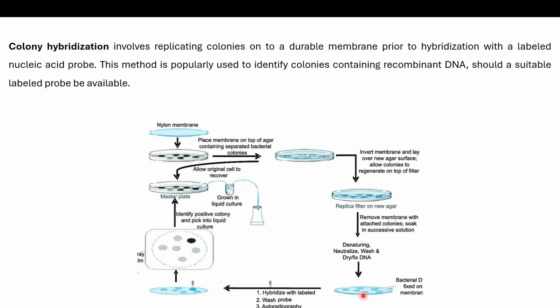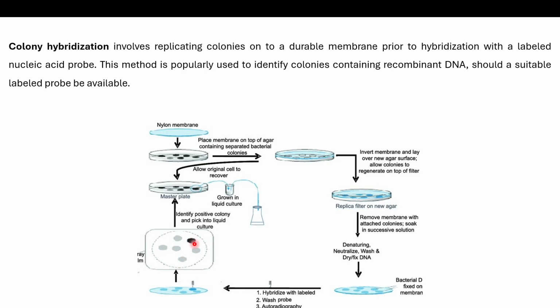Now we have our DNA attached to it, because after multiple rounds of treating with certain solutions, the DNA is attached, and the probes will bind to the DNA of our interest where they can establish complementarity. Suppose the probe is giving signal at this area.